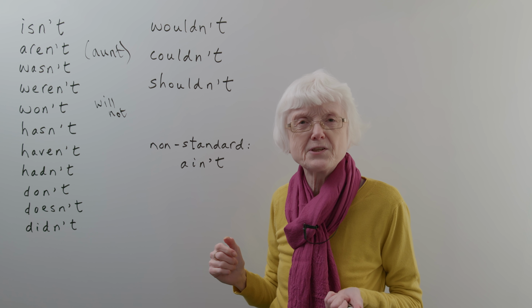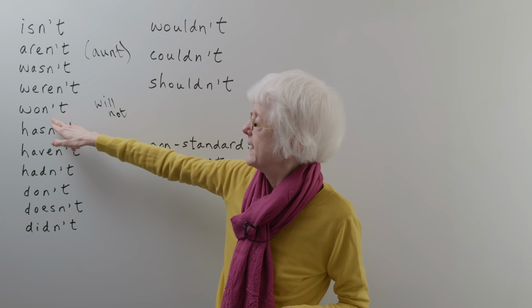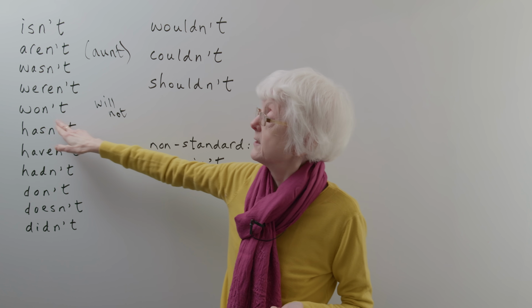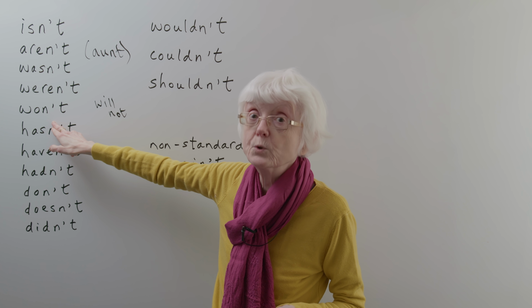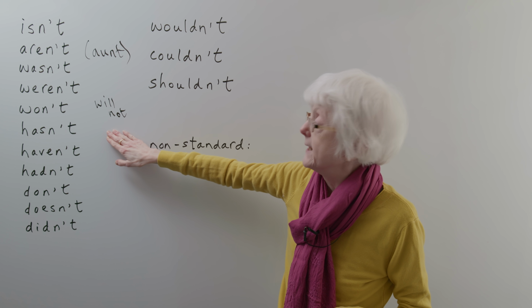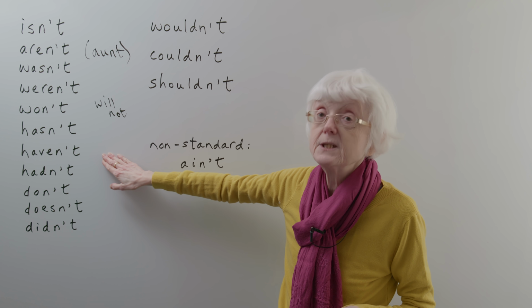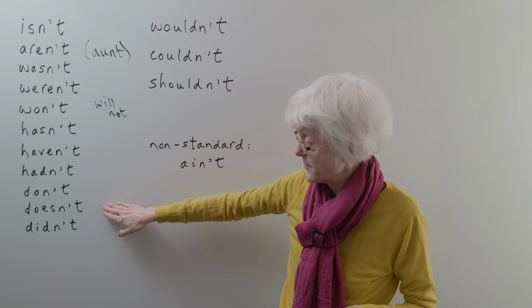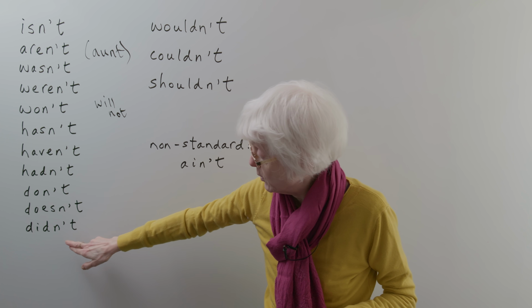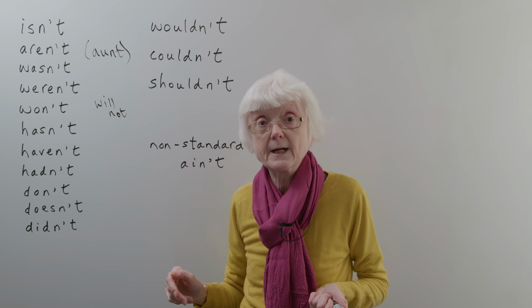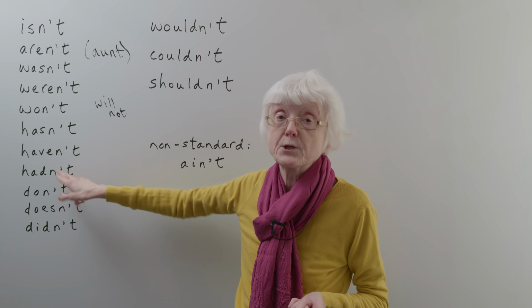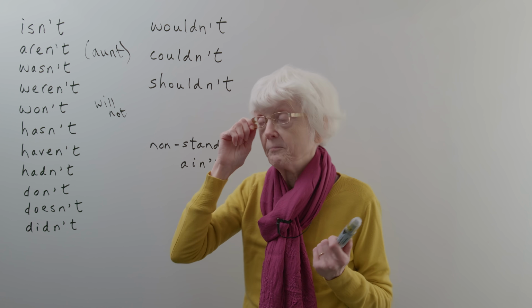It doesn't sound right at all. So it will not contracts to won't. Okay? And then hasn't, haven't, hadn't, don't, doesn't, didn't. They're all obvious what they are. Just put the O in where the apostrophe is and you'll know what it is.